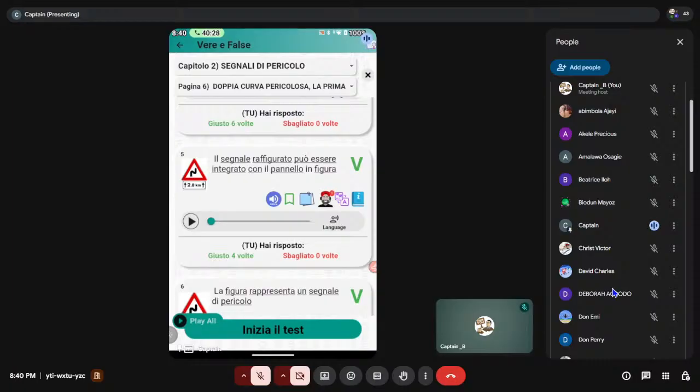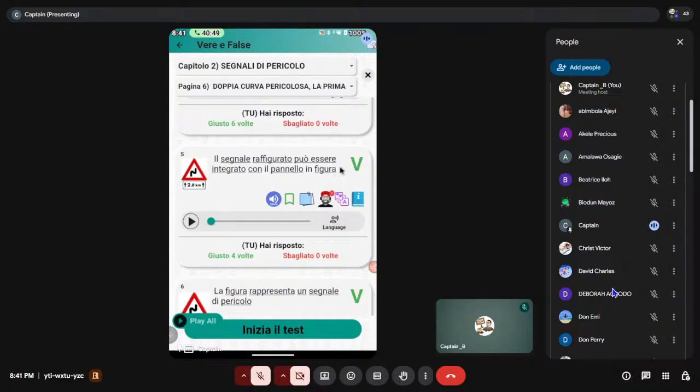The length of that curve is 2.8 kilometers. That's what he's saying. Okay, lunghezza. Yes. Il segnale raffigurato può essere integrato con pannello in figura.